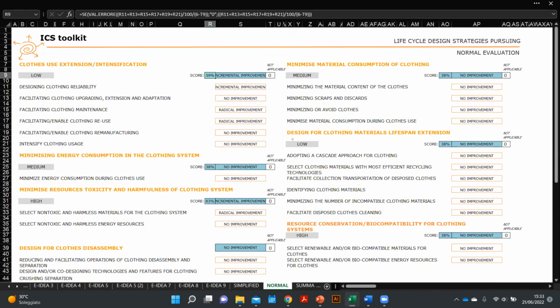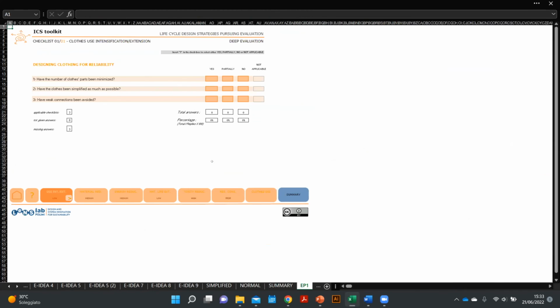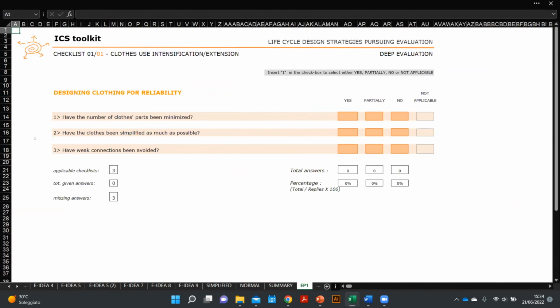So evaluating those single guidelines and having a result and a score you can see then in the radar. I go quickly through also the deep level, so you have an idea. For example, we are now in the same strategy we were watching before, which is cloth use extension and intensification. And you see what is happening here.